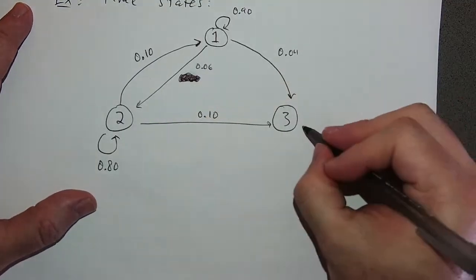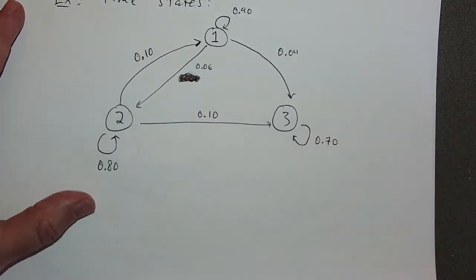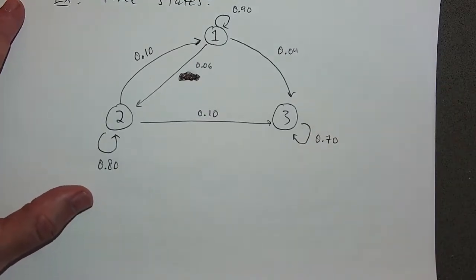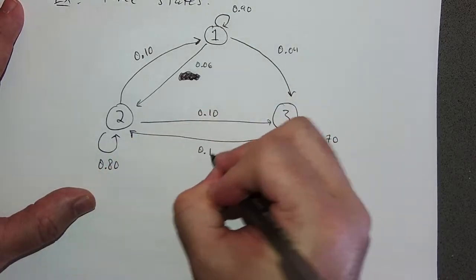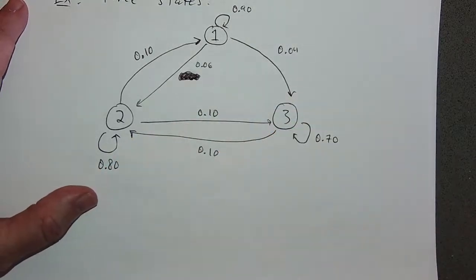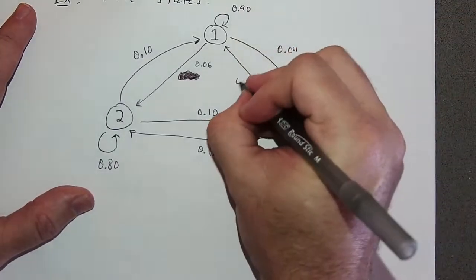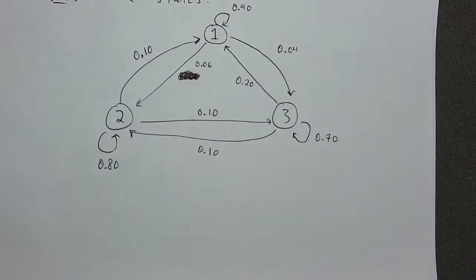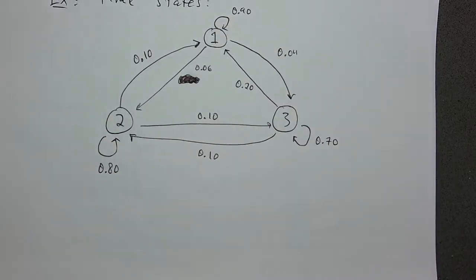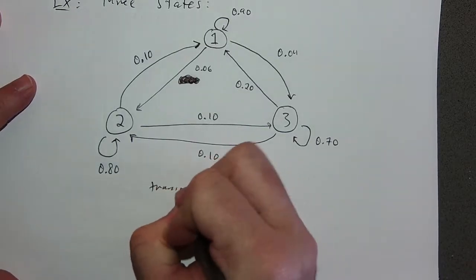For state 3, we'll say 70% stay in state 3, 10% move to state 2, and 20% move to state 1. Should take care of everything for us. So now, what is the transition matrix for this situation?